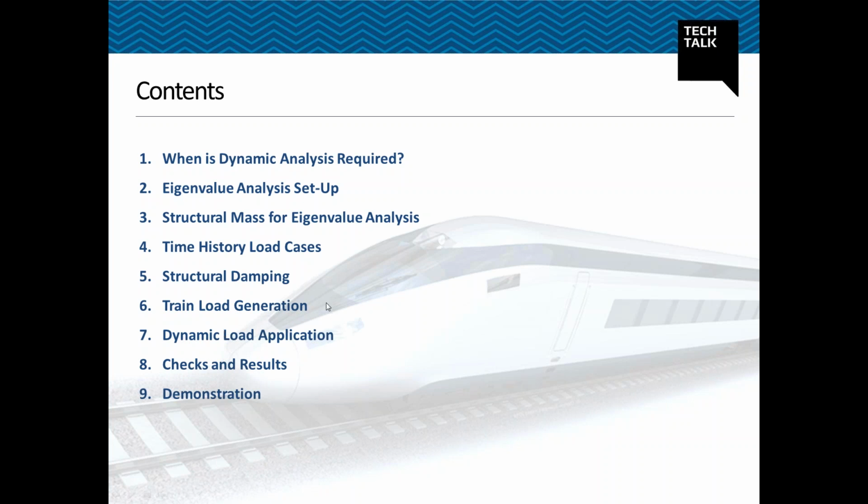Once we input all this data, I will show you how to check those results and compare dynamic analysis and static analysis. And I will finish off with a simple quick demonstration of all of this.